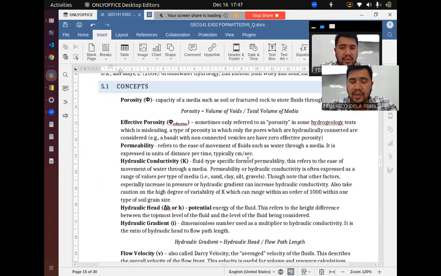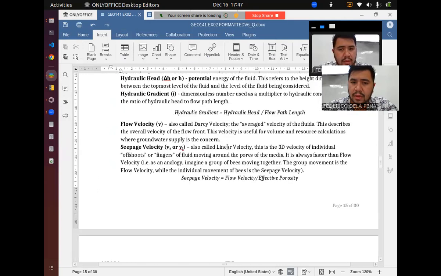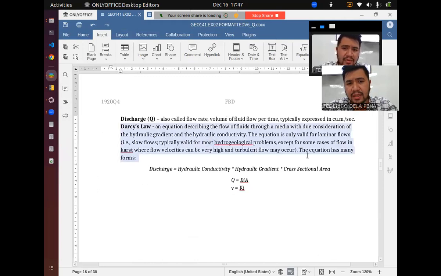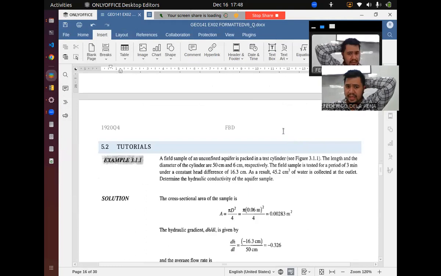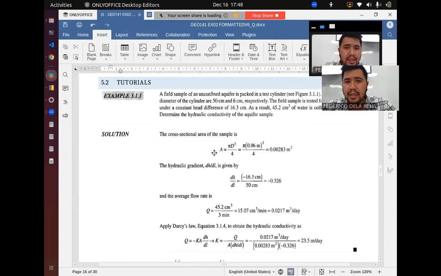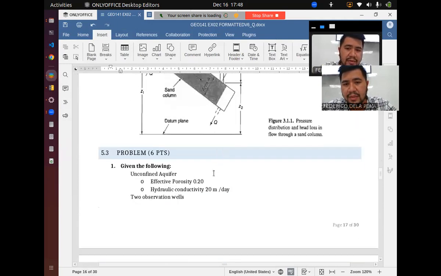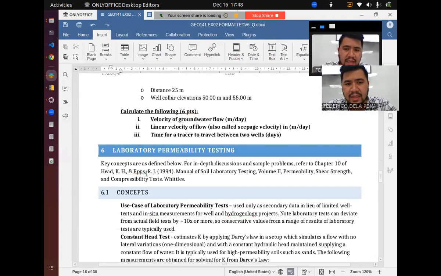So basically what we're doing here is, I'm not sure kung na-discuss, I think na-discuss ko na doon ng isang lecture. Okay. So you should be familiar with that by now. And we have an exercise here. Basically, we have a permeability testing, no? Okay. I'm just gonna skip this part, no? Medyo simple lang naman siya.